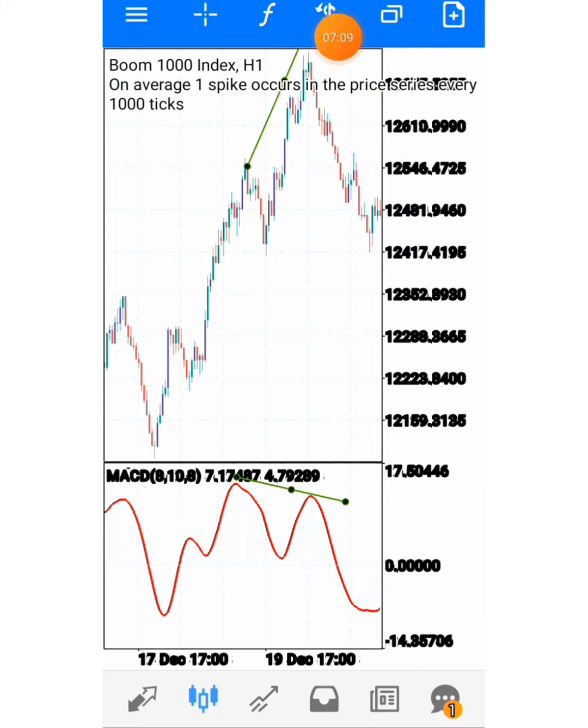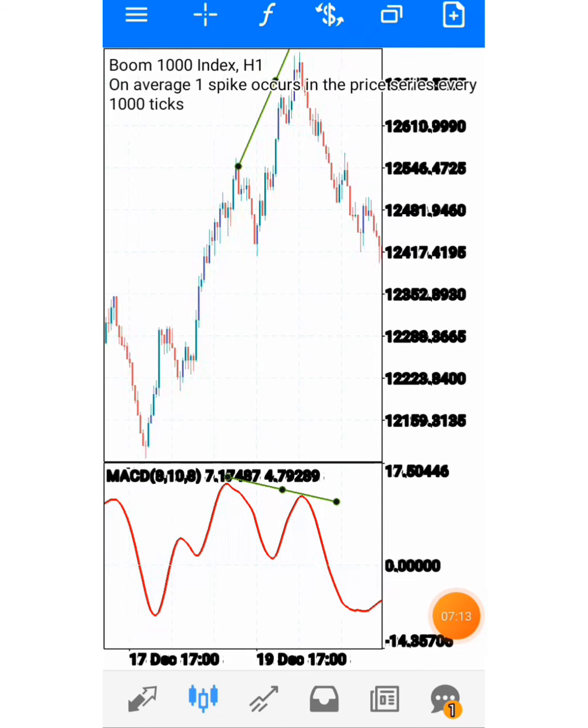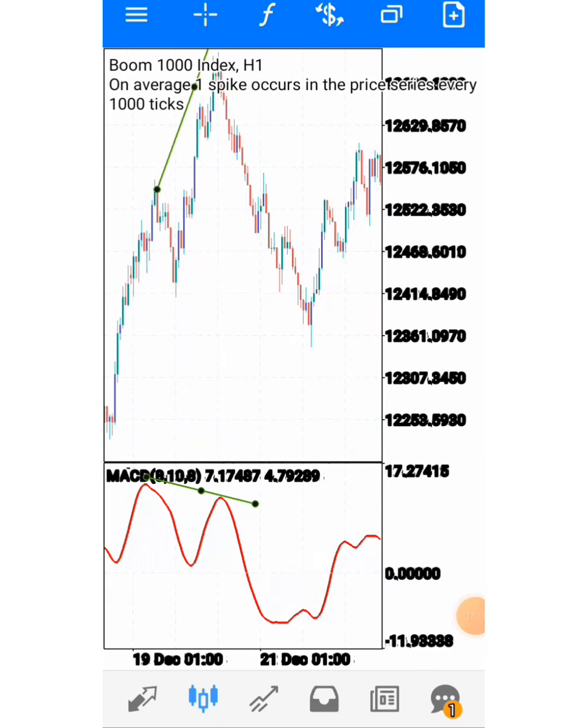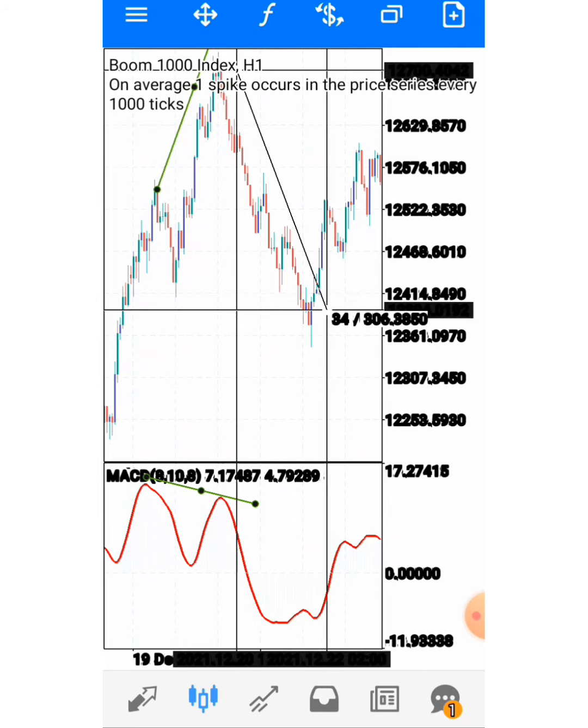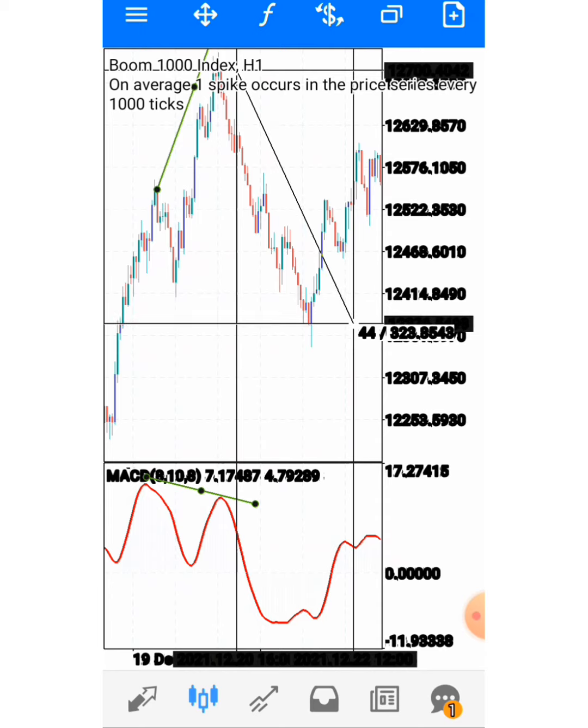So having two confluences to trade this market, imagine you ride it to the next support, 325 pips in 4 candlesticks. That's enough money in the market.